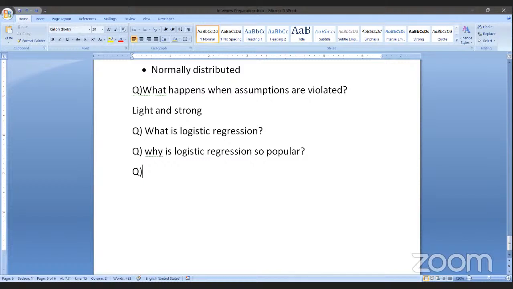Okay, so let's take the next one. What is decision tree?